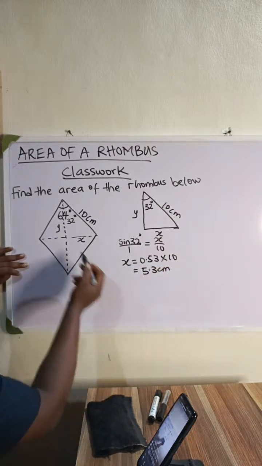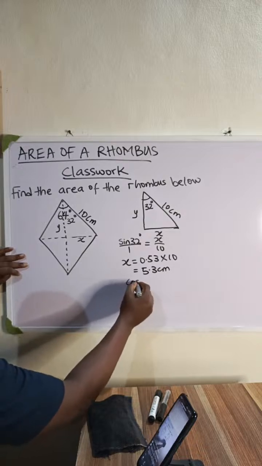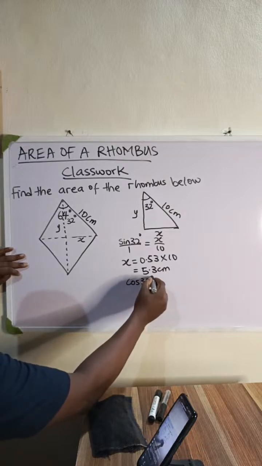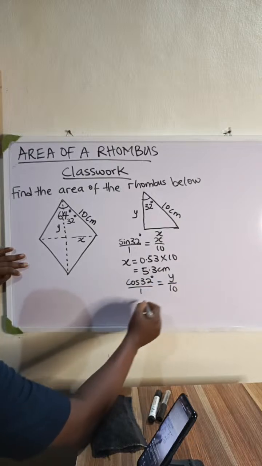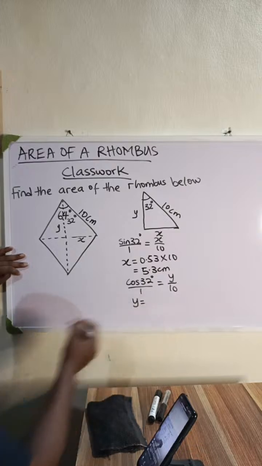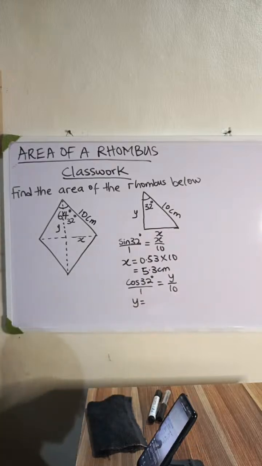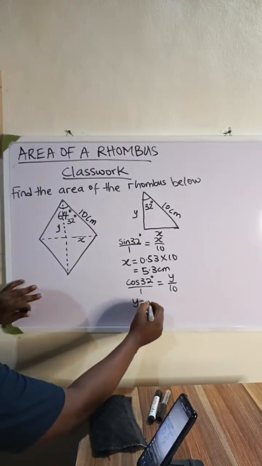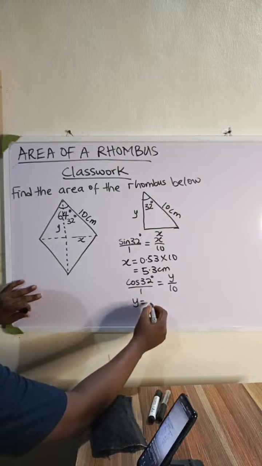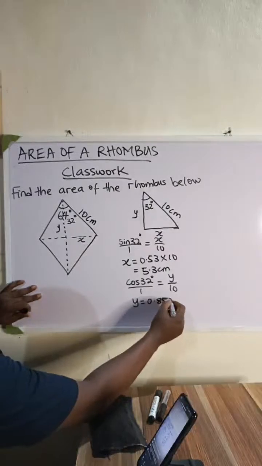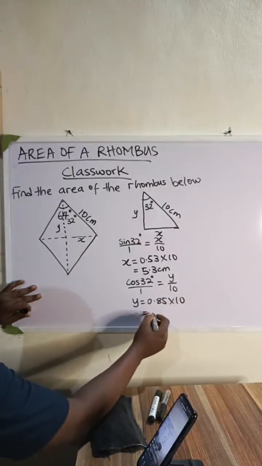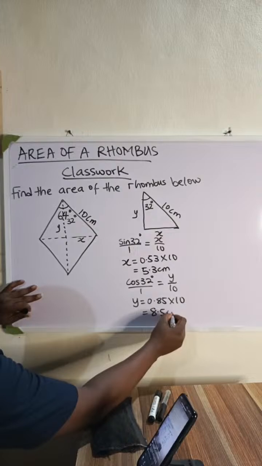Okay, and then for y, we have cos 32 degrees over 1 is equal to y over 10. So y is equal to cos 32, which is 0.85. So we have 0.85 times 10, which gives us 8.5 centimeters.